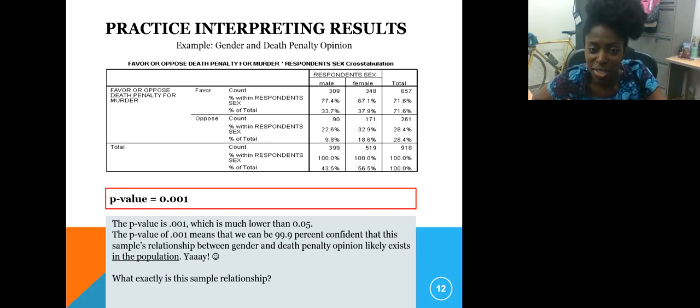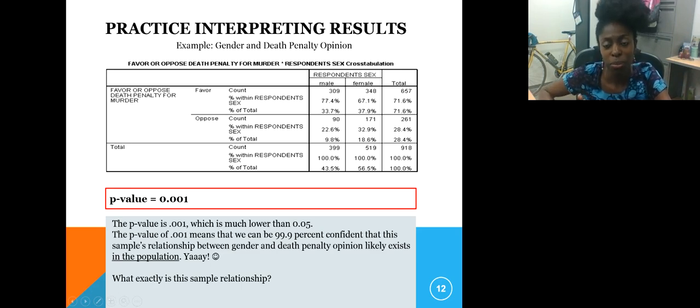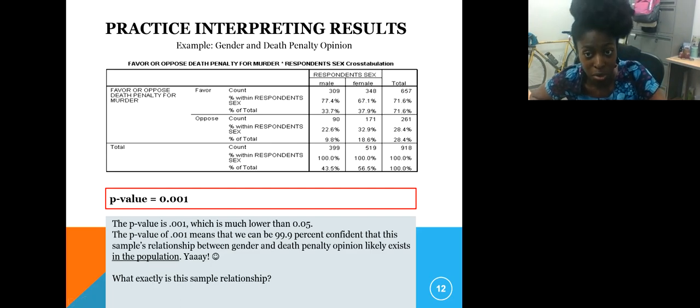So what exactly are we seeing in the sample? Then we look at the sample. This is an example from lecture 3, I believe, when we were introduced to contingency tables. What are we seeing? We're seeing that men and women both favor the death penalty more than they oppose.